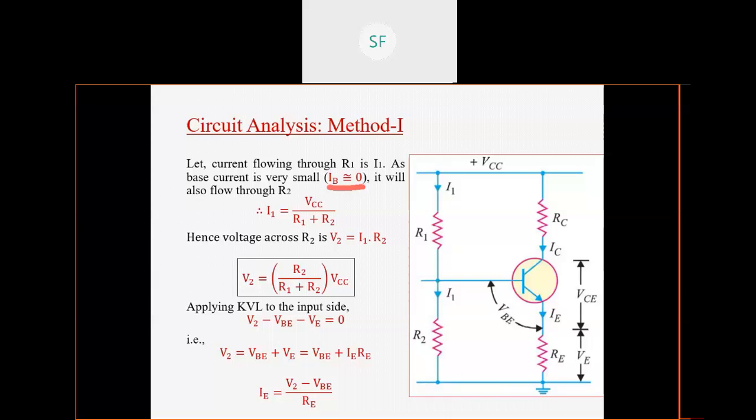So method 1 you can remember as the approximation method. There is no such official name, but you can remember it this way. Why the approximation method? Because in this method you have approximated IB equal to 0. I hope this point is clear to you. Now the current I1 will flow through R1 as well as R2, and then go to ground.